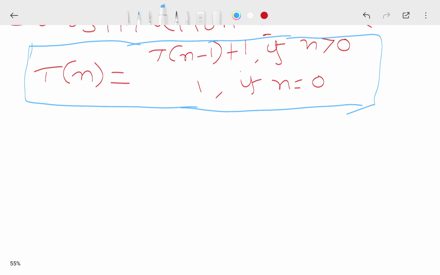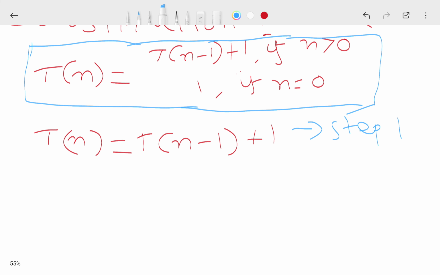So how to solve it? First take the n greater than 0 condition. T of n equals T of n minus 1 plus 1. Take this as step 1.